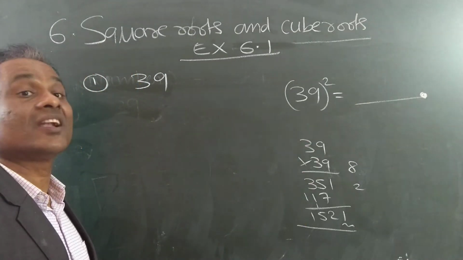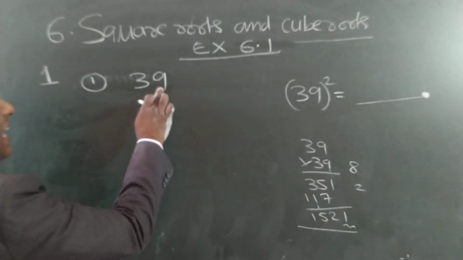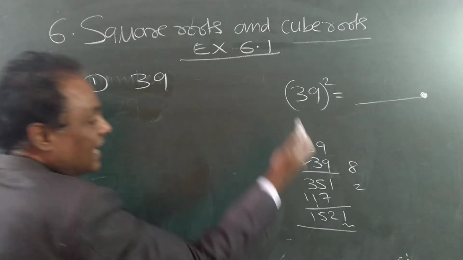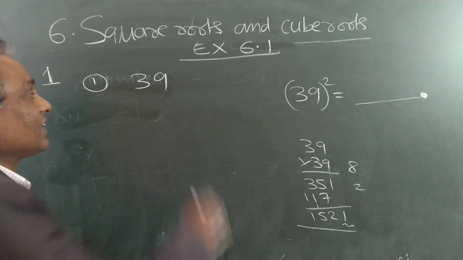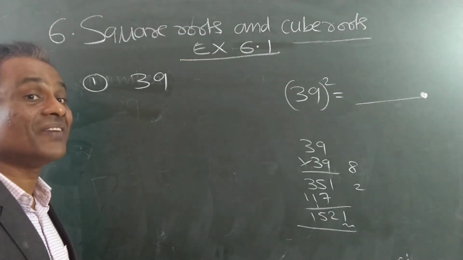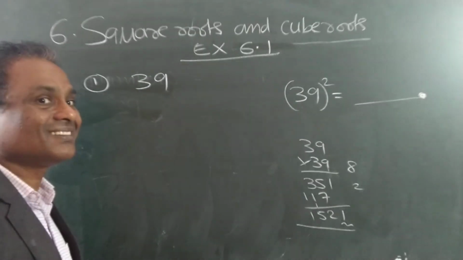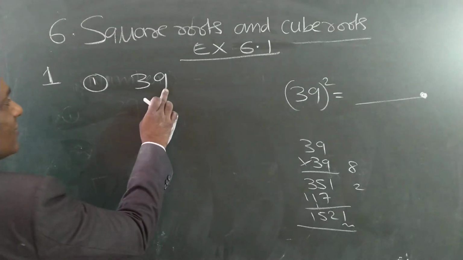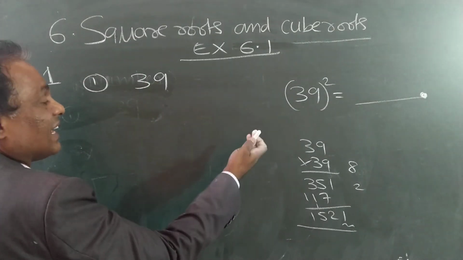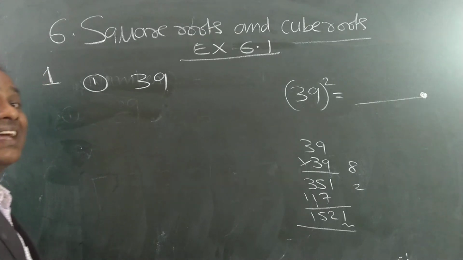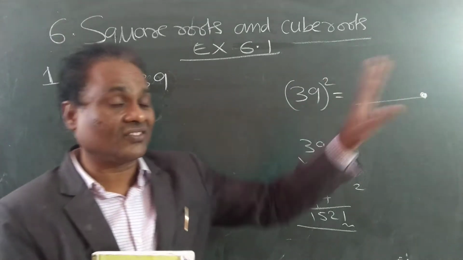See the second point we wrote. If the last digit is 9, its square's last digit will be 1. Because 9 square is 9 into 9, 81. The last number is what? 1. Already I told, if the last digit is 0, the square's last digit is 0.